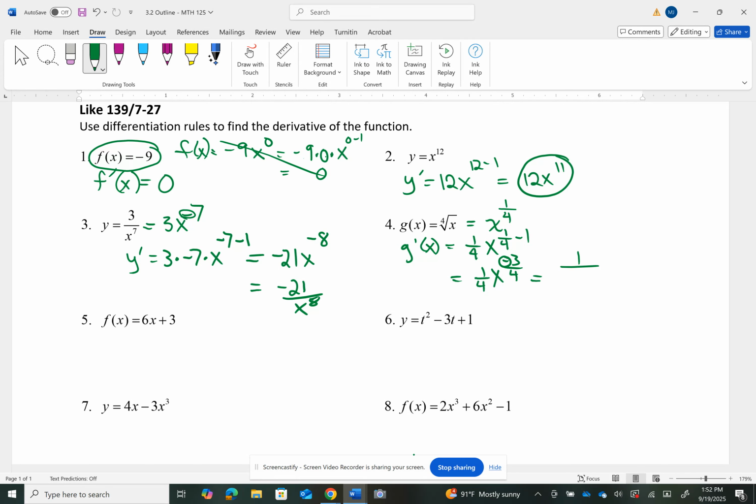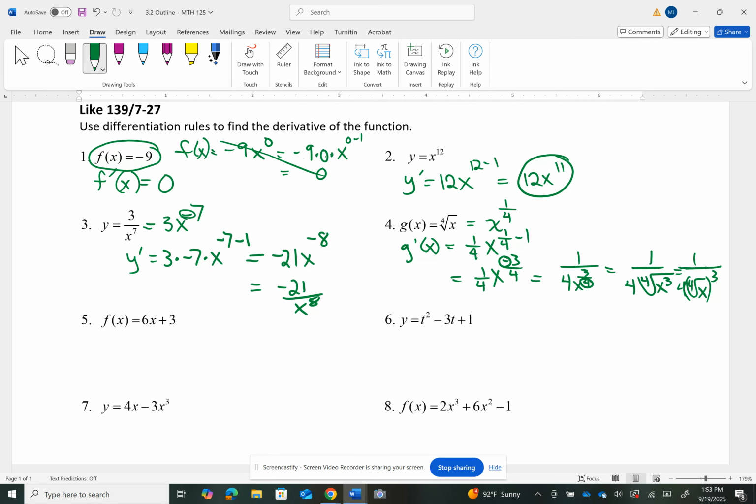So it'll be 1/4x to the 3/4, and that would be the same as having a 4th root, because that comes from the denominator, of x, and you could put the 3 there, or let me write that more clearly. It's the same as if you did the 4th root of x and then cubed it. So that's okay also.